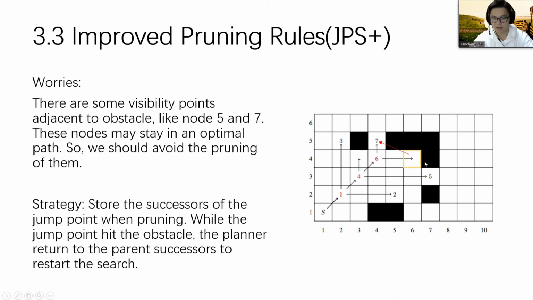For example, as the yellow one, you can jump into node 7 and restart searching. In this case, you will avoid some pruning of very important points like node 5 or node 7. So this is the main idea here.